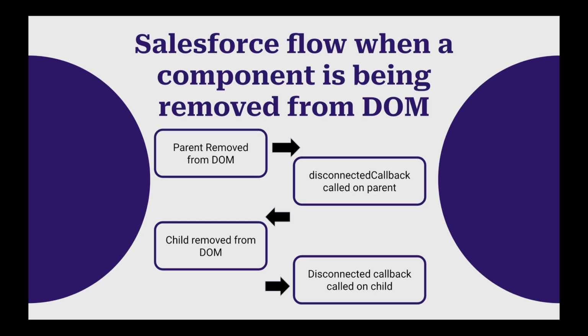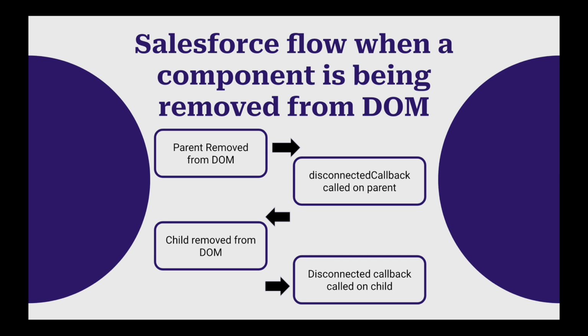Now in terms of parent component and child component, first of all it will be called on the parent component, that is, first the parent component will be removed and then the child component. So first disconnectedCallback will be called on the parent and then on the child.